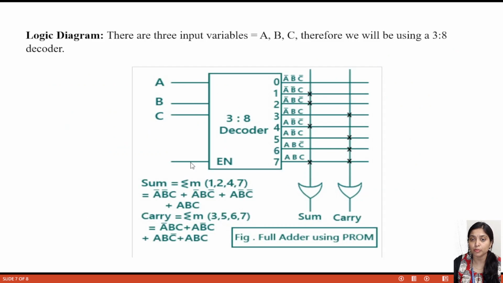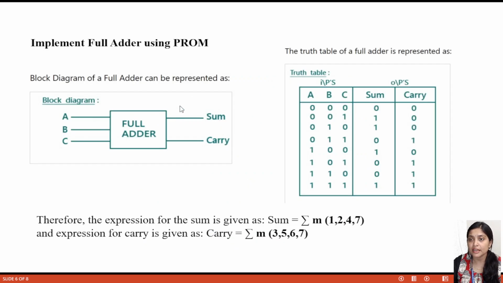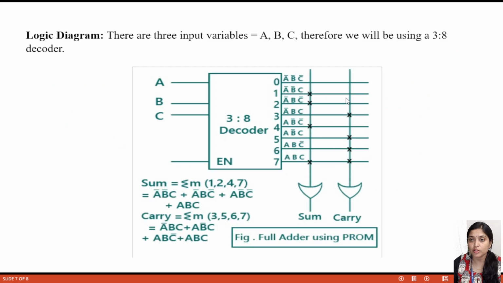This is the enable input. If enable input is 1, then only the 3 to 8 decoder will work, otherwise it will not work. So based on these 3 inputs, A is the MSB, C is the LSB. So you have to remember this thing.